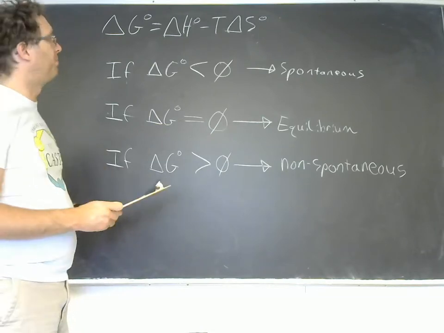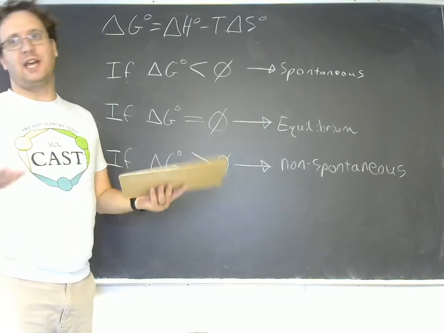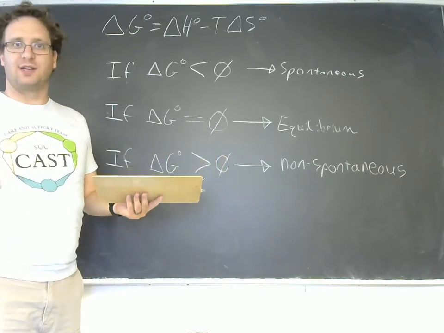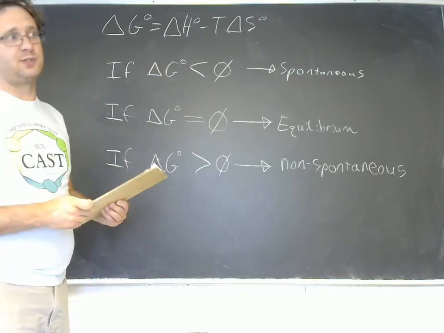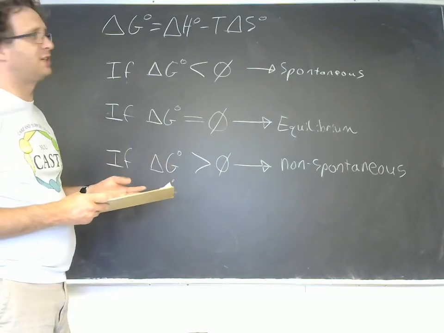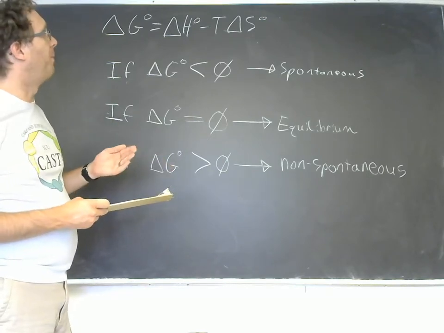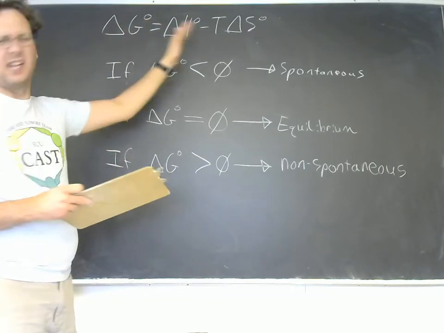But as we know, changing the concentrations of things can shift reactions forward or backward. That's what Le Chatelier's principle says, and that's because under new concentrations you will have new values for delta H and delta S.